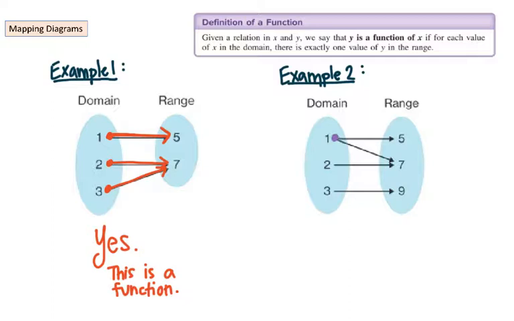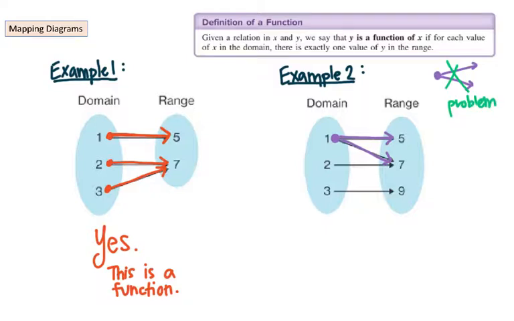Look at number 1. If I have number 1, what output will I get in the range? Well, we can already see a problem. Either 1 will give us 5 or 1 will give us 7. We're not sure. Because we have this situation, a picture like this, where you have an input giving us 2 different outputs, that is the problem.